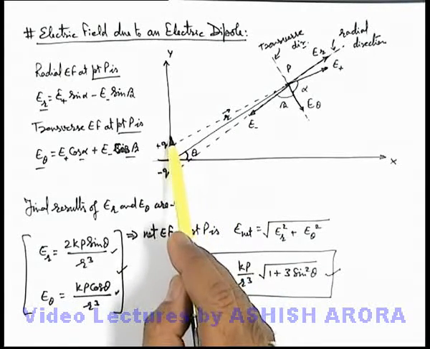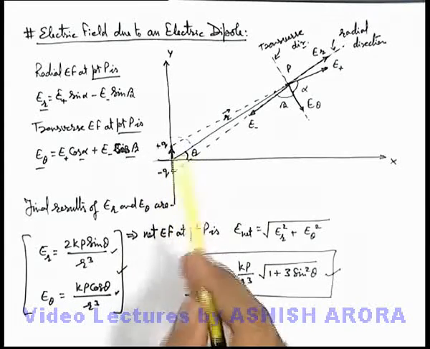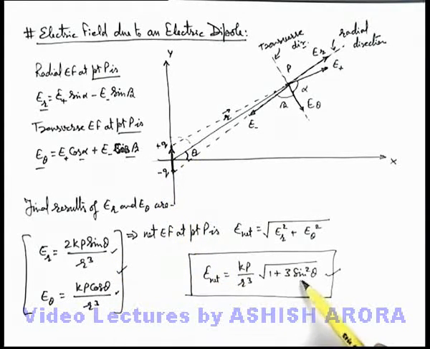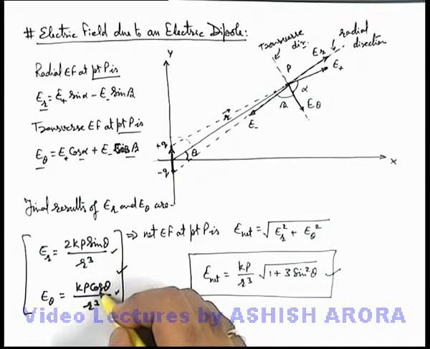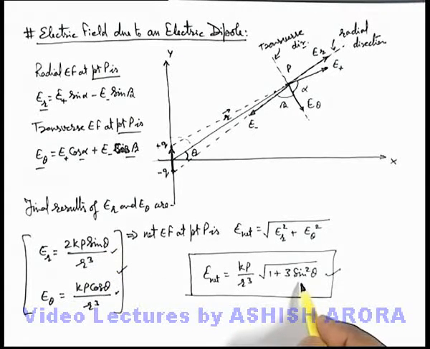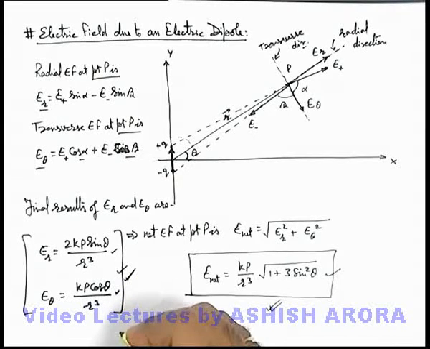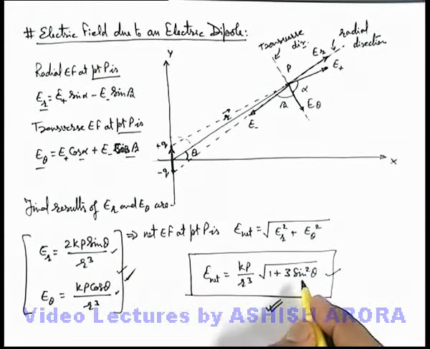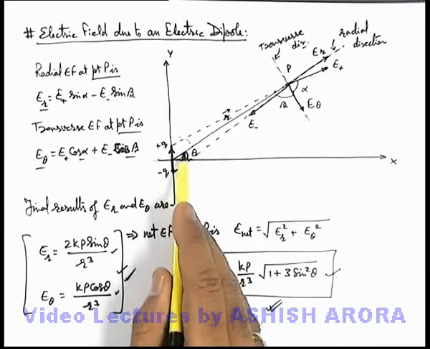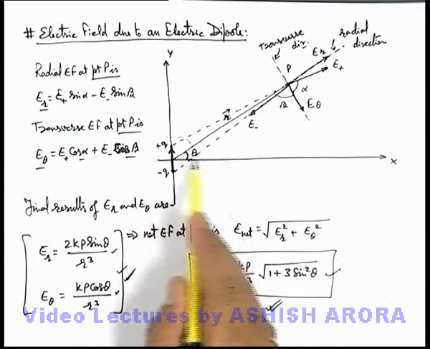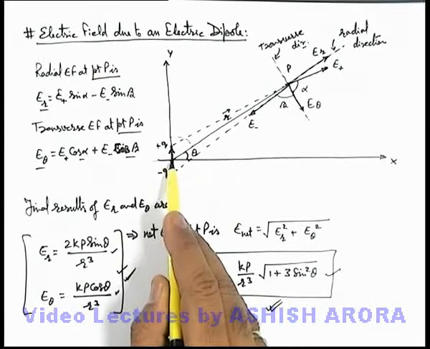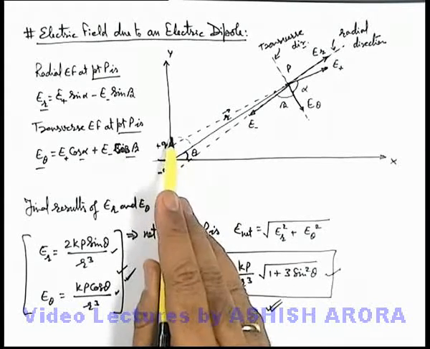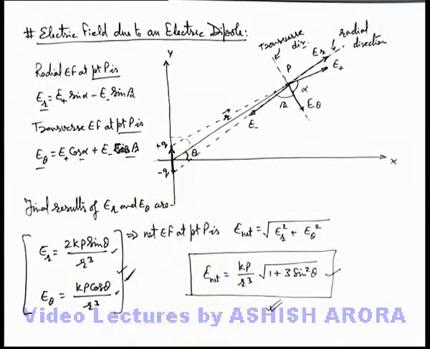If the angle given in the problem is this, then these trigonometric terms will get swapped, like here instead of sin theta, cos theta will be there, and here sin theta will be there. So just be careful while using these results in your different applications. It all depends on whether the given angle is from the equator of the dipole, that is the line perpendicular to the dipole passing through its center, or the angle is given from the axis of the dipole.